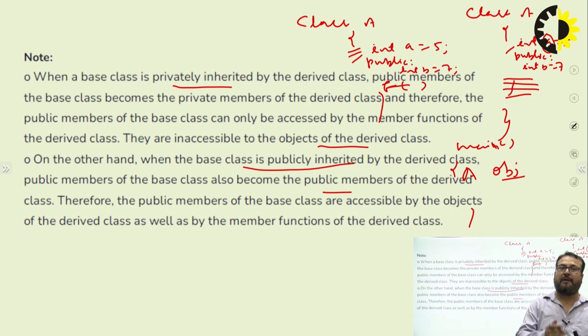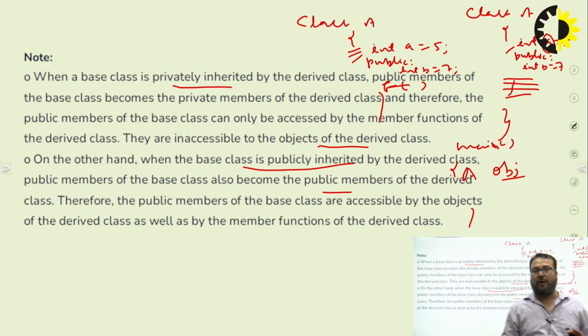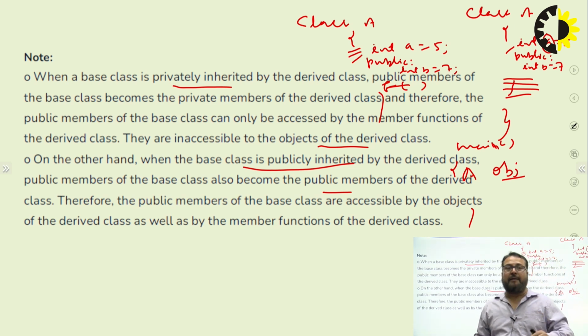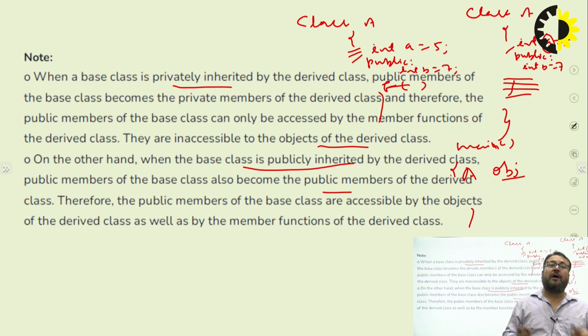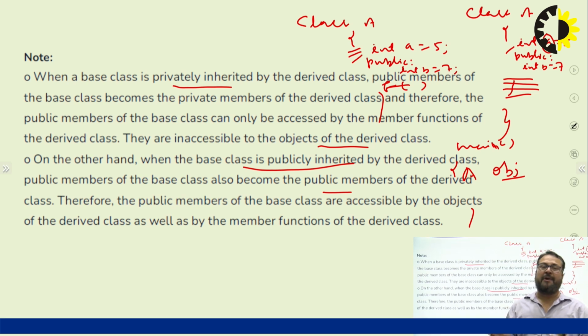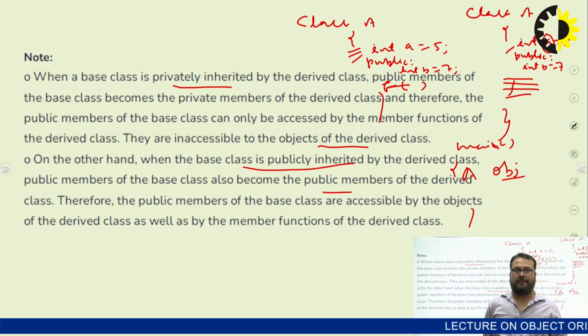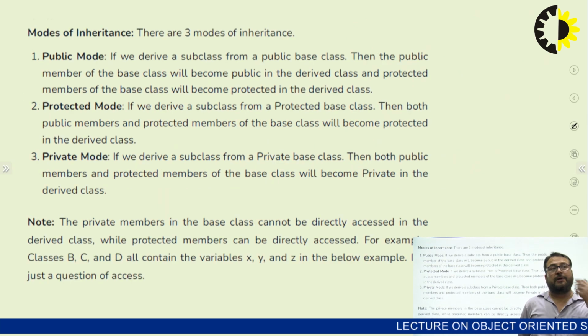Once private, they cannot be directly accessed by the object of that derived class, but they can be accessed by the member functions of the derived class. That is the meaning of this point.